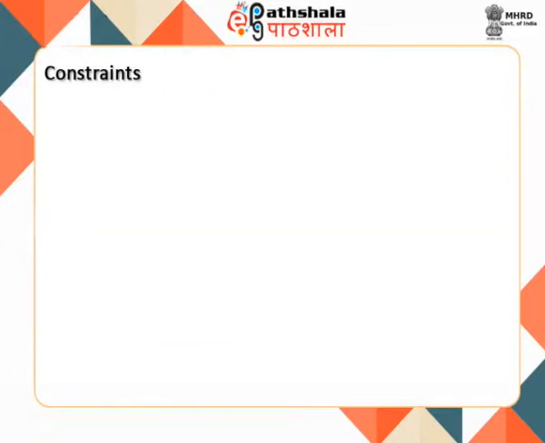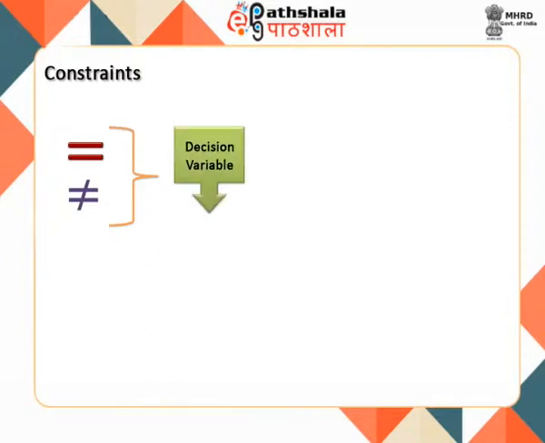Constraints are a set of mathematical equalities or inequalities which combine the decision variables to put a limit on the optimal solution. These define the possible values that the variables of a linear programming problem may take. Constraints generally represent minimum or maximum level of some activity or condition.